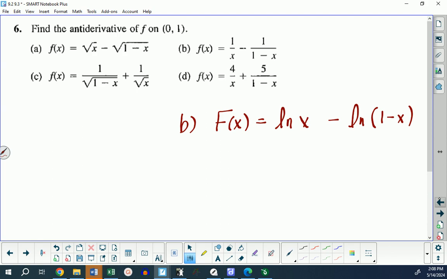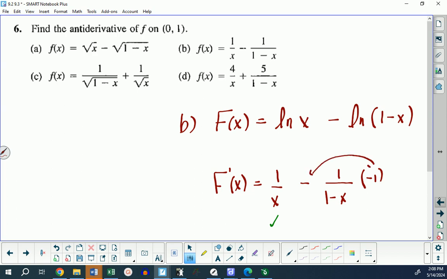But if you believe that's the antiderivative, then you have to differentiate this. And when I differentiate this, what I get is 1 over x, which is just fine. That's what we want. We want a 1 over x. And then I get minus 1 over 1 minus x times the derivative of 1 minus x, which is negative 1.